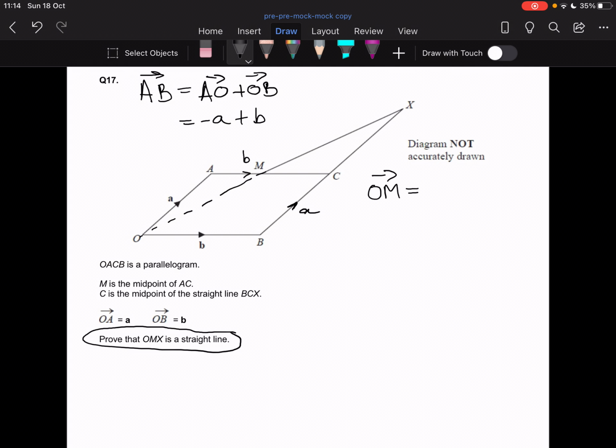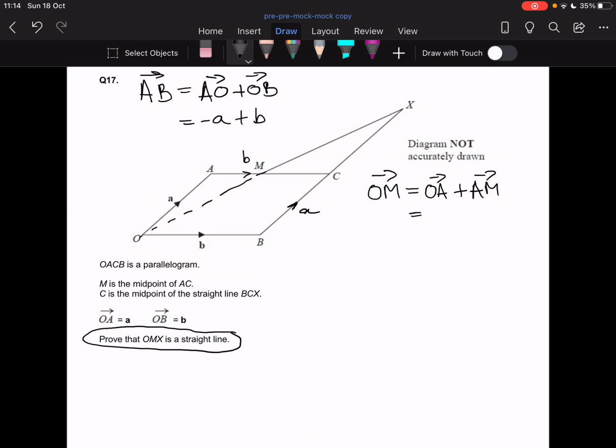Vector notation. So remember to tell your examiner which way you're going. To get from O to M, I'm going to go from O to A first, so OA, and then from A, I'm going to go to M, so plus AM. Now let's give that in terms of lowercase a and lowercase b.